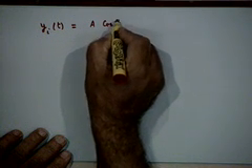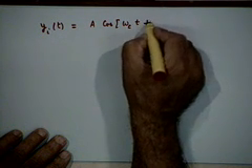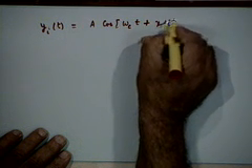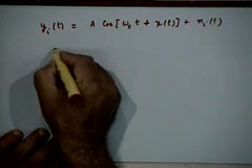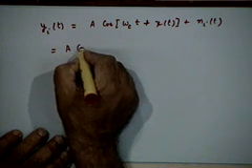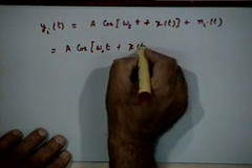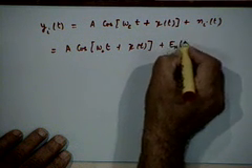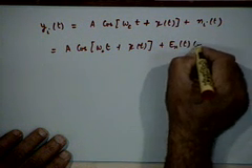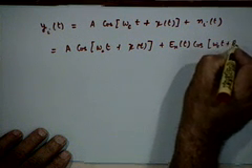What is going into the demodulator is A cosine(omega_c t plus psi of t) plus n(t), which you can write as A cosine(omega_c t plus psi of t) plus e_n(t) cosine(omega_c t plus theta_n(t)).